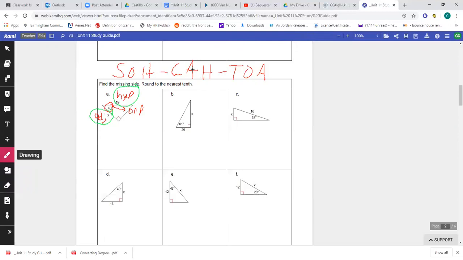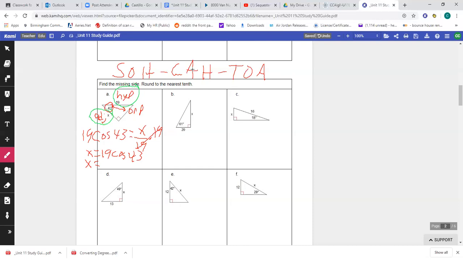Remember to write the equation like this: cosine of 43 equals adjacent over the hypotenuse, x over 19. Now you just solve for x by multiplying both sides by 19. So x is equal to 19 cosine 43.